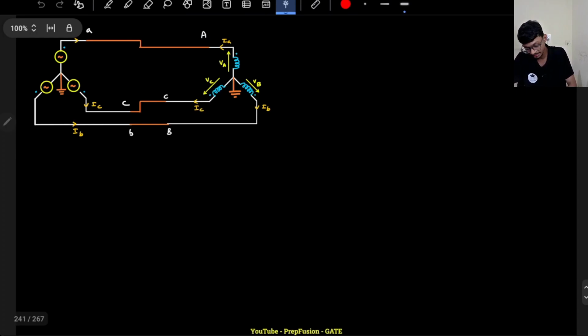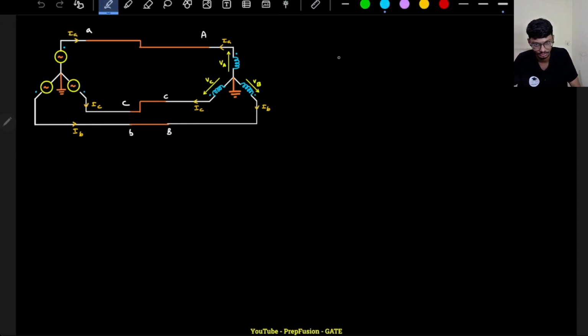So yes, now there is a path for the third harmonic component, right? Now my magnetizing current, exciting current, will contain the third harmonic component.